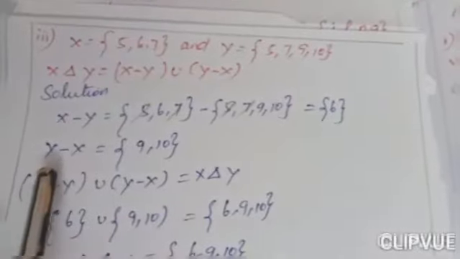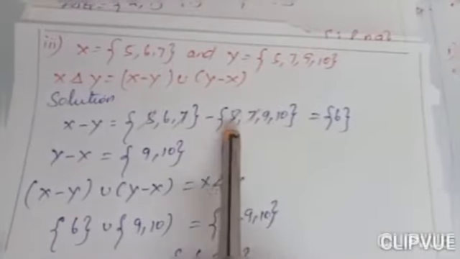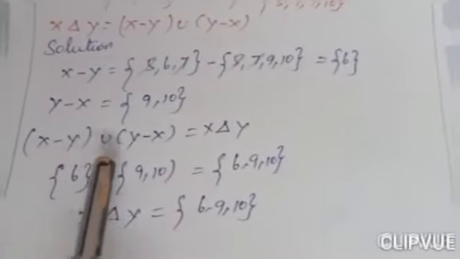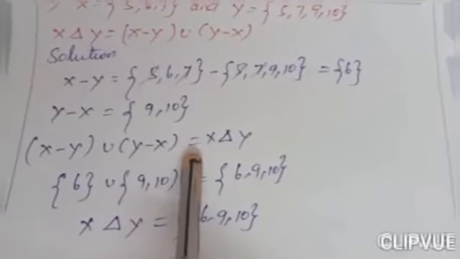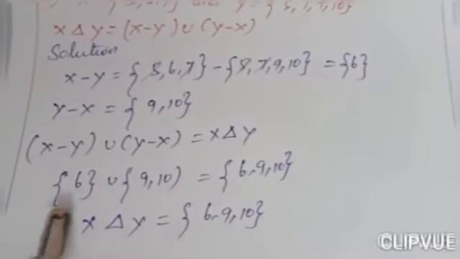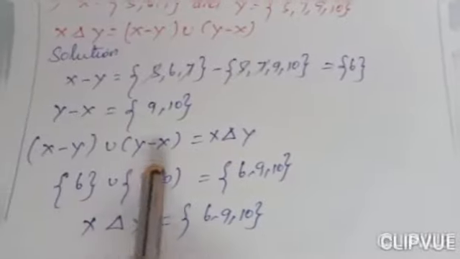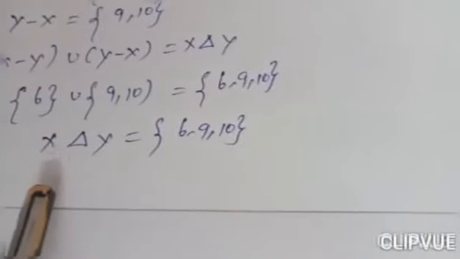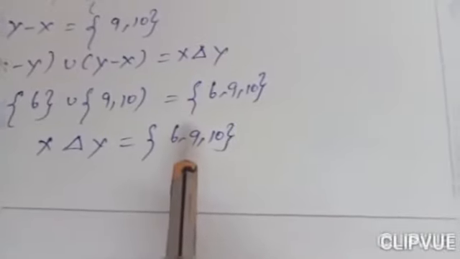After that cancel the common elements. 6 alone is in set X, that is X difference Y. Y difference X is the remaining elements of set Y. 9 and 10 are the remaining elements of set Y. X difference Y union Y difference X is X symmetric Y. X difference Y is 6, Y difference X is 9, 10. Join the two sets, that is 6, 9, 10. Finally we can conclude X symmetric Y equals 6, 9, 10.